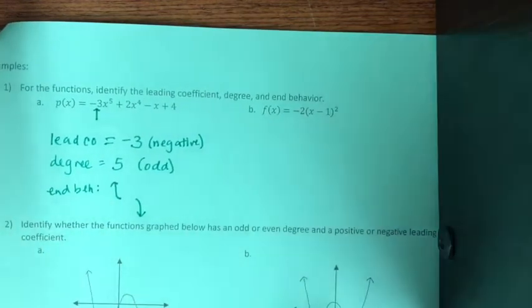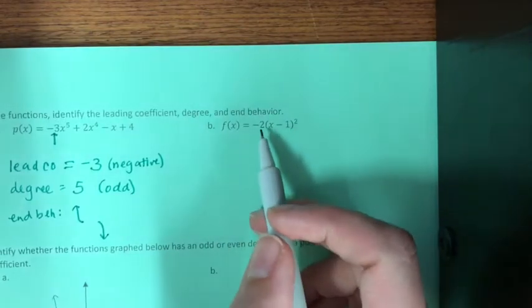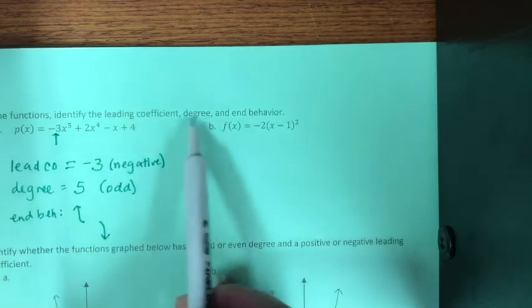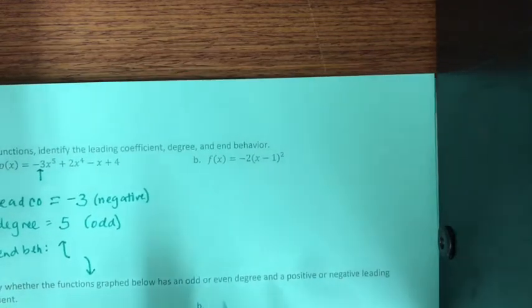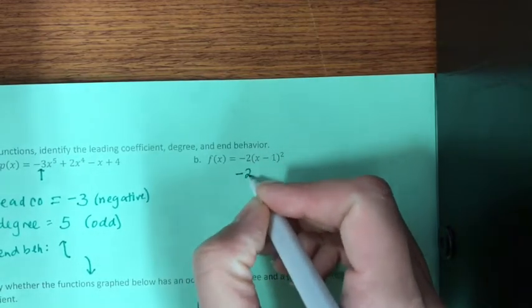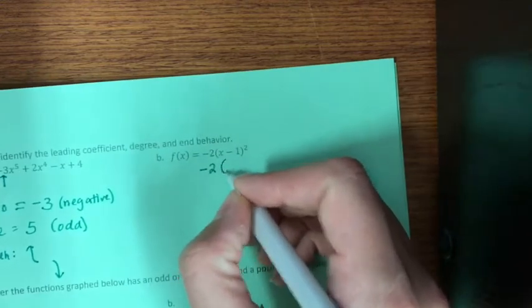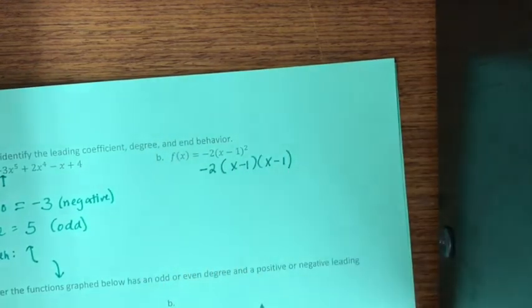And then let's take a look at B. Well, this one doesn't look like it's in standard form. But I know I need the leading coefficient and the degree. So I could multiply this out. So I could say this is -2 times, well, x minus 1 squared is x minus 1 times x minus 1.